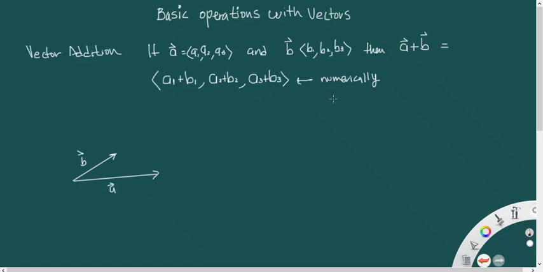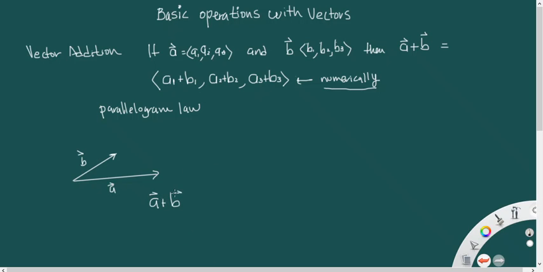In the numerical operation, we just simply add the first component to the first one, the second one with this one, and the third one with this one. And in a geometrical way, this is the parallelogram law.